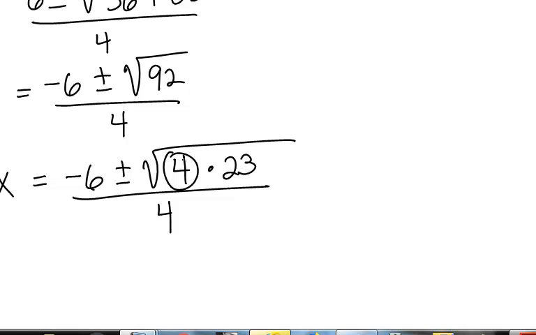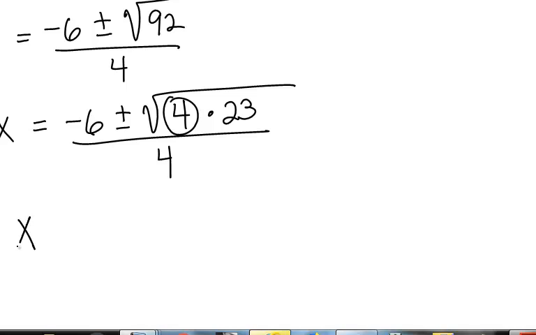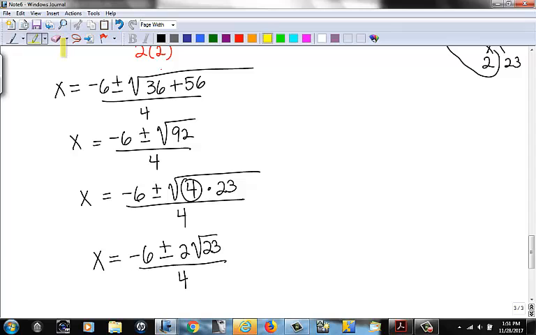Two on the outside. I don't want you to skip that step. I want to see the steps. Now go one more step. X equals negative 6, actually, we have 2 more. What can you take out? 2 radical 23 all over 4. Now, don't get all the way to there and miss it. You have to say what divides into all of those. 2.